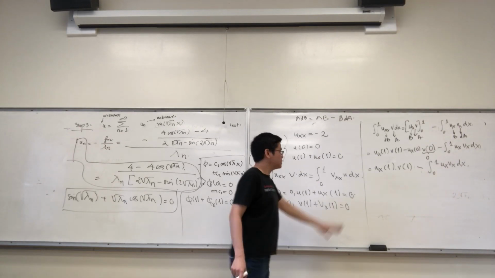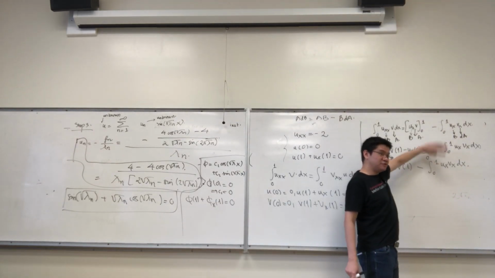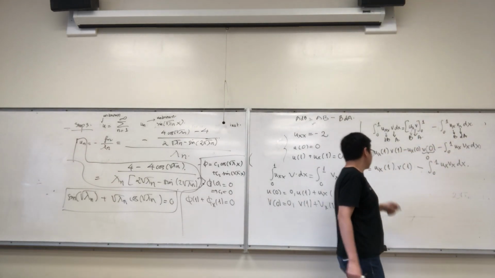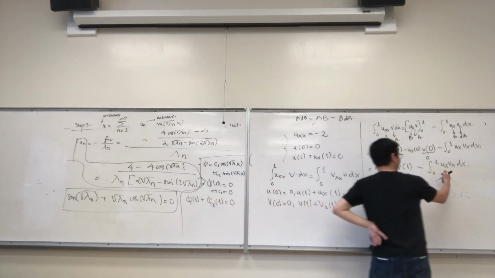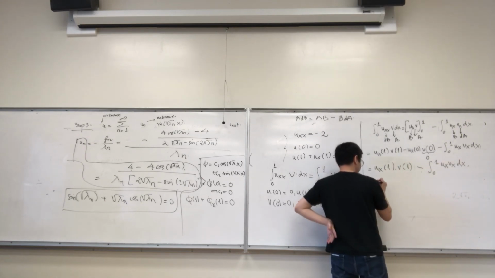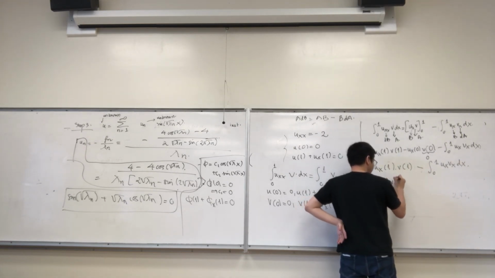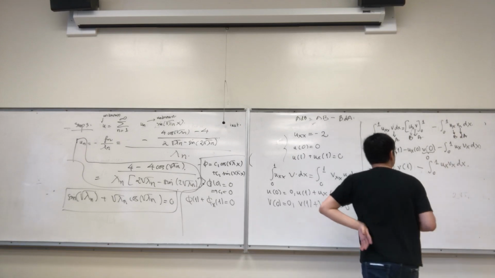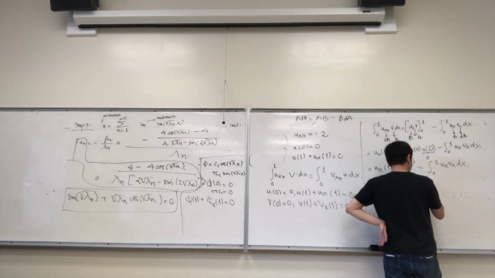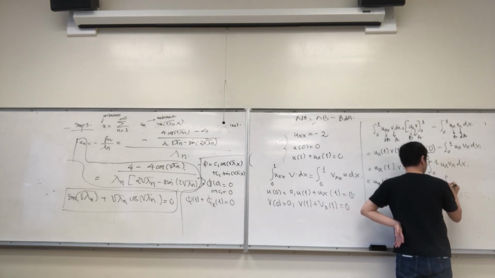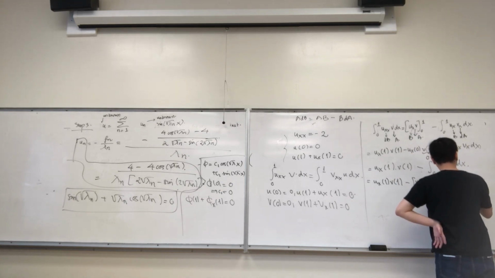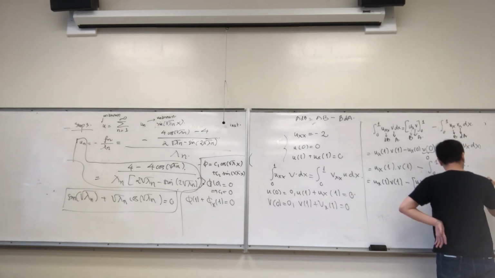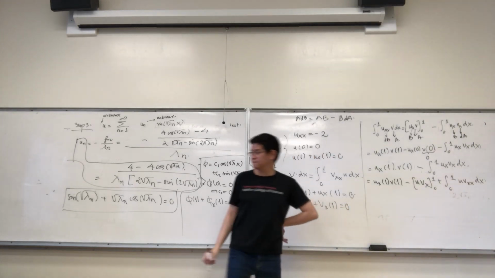It's clear? So v(0) is 0, so this is going away. So I have that term, right? Then I'm going to have to do another integration by parts. So I have u_x(1) v(1) minus [u v_x] from 0 to 1 plus the integral from 0 to 1 of u v_xx dx. All right? It's clear?